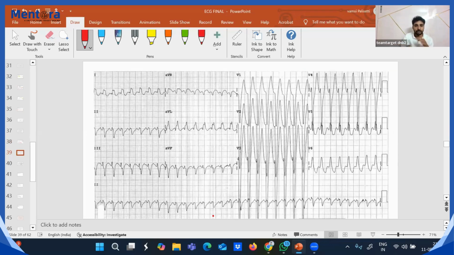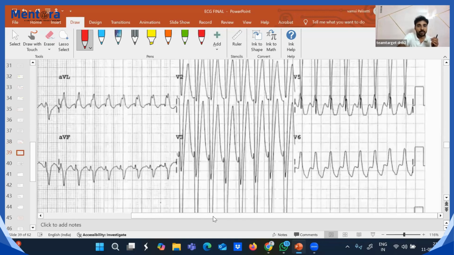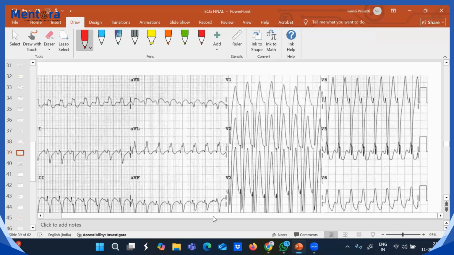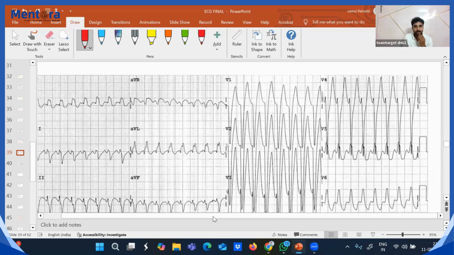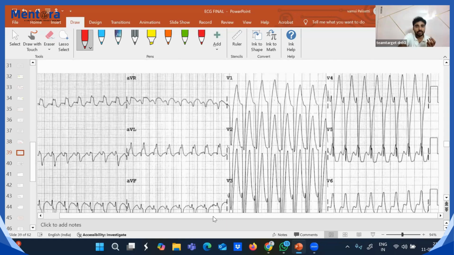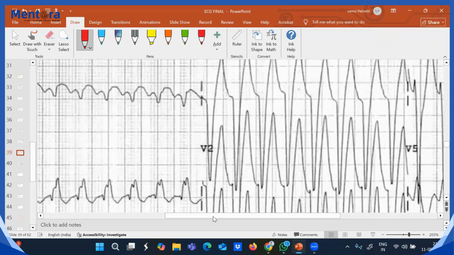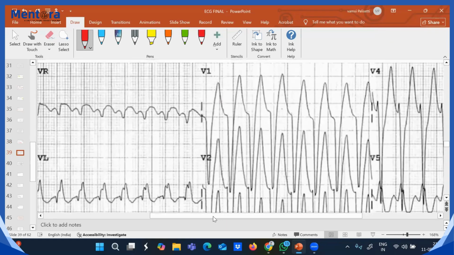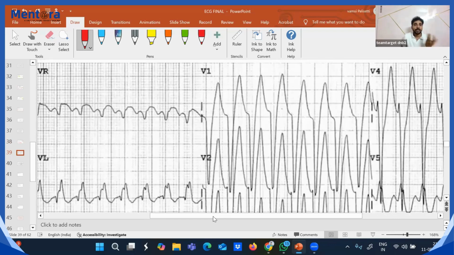Now see this ECG. Narrow complex or wide complex? Wide complex, sir. Wide complex, regular or irregular? Regular. No P waves. So VT or antidromic AVRT.